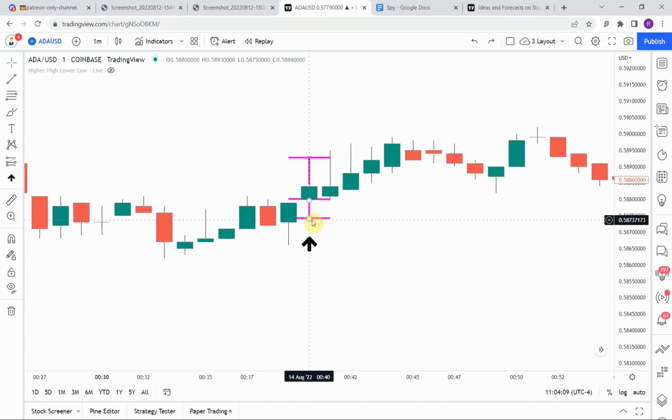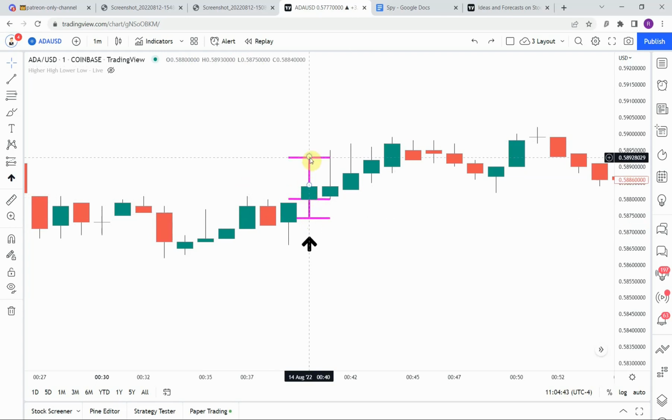It at some point pushed down to the 0.5873 area. Again, we can see our low and our high. If we hover over it, it looks like the lowest point it went was 0.5875, and the highest that it went was 0.5893.